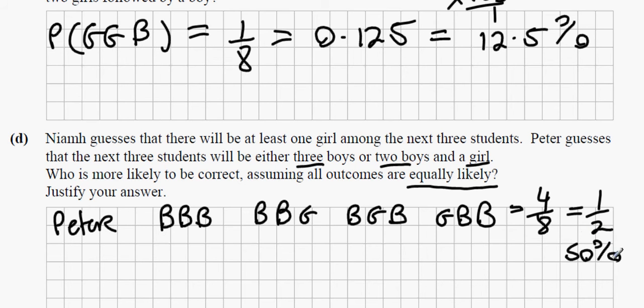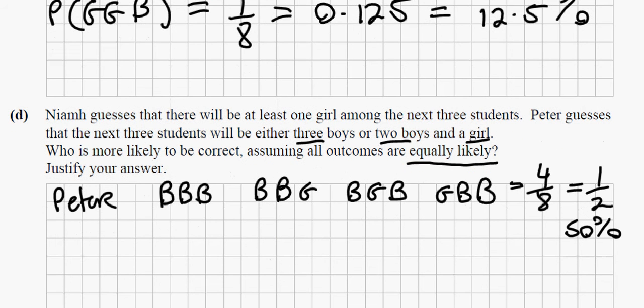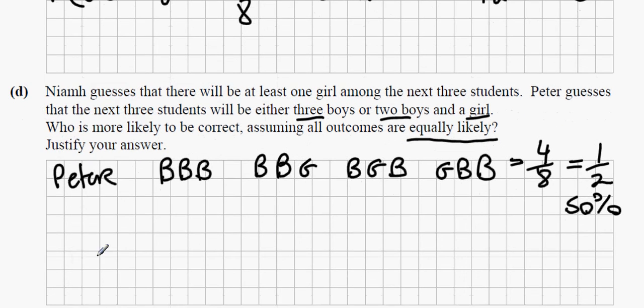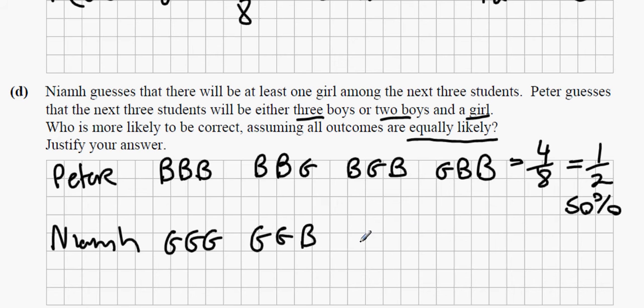Now Neve guesses there'll be at least 1 girl amongst the next 3 students. So Neve can have 3 girls. She can have 2 girls and 1 boy: girl, girl, boy; girl, boy, girl; boy, girl, girl.